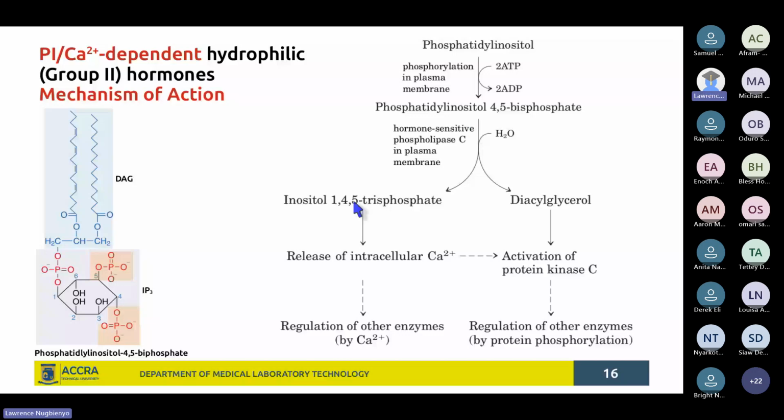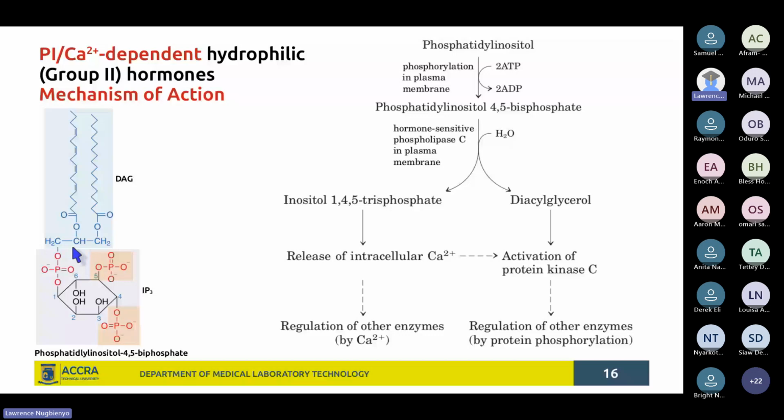So intentionally, I've brought the structure here, and I've even explained the structure first of all, so that when you are revising, you can quickly refer to the structure and understand that if you say hydrolyze diacylglycerol away to get 1,4,5-triphosphate, it only means you are hydrolyzing the blue shaded portion up away from the square portion down.